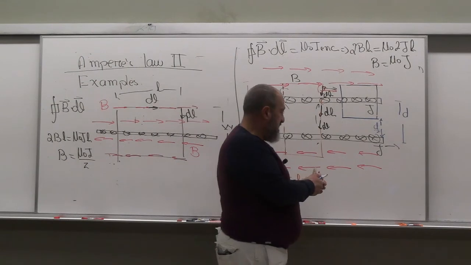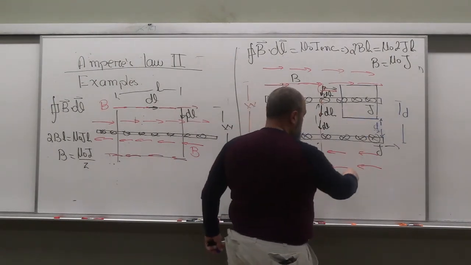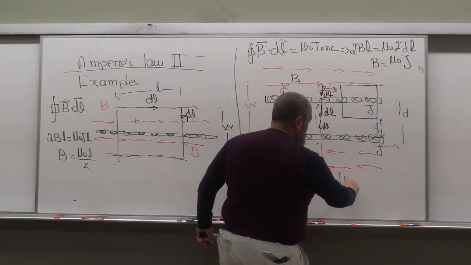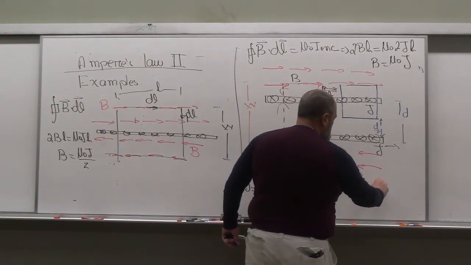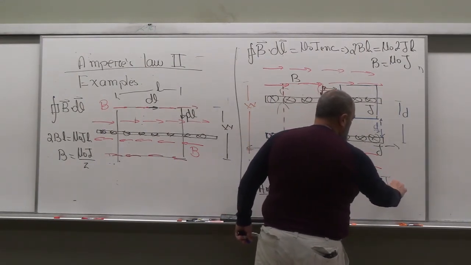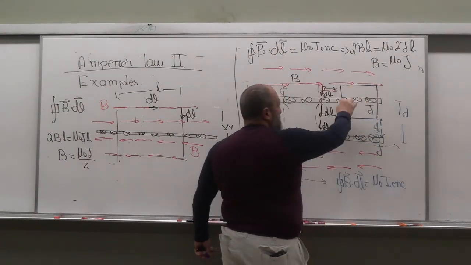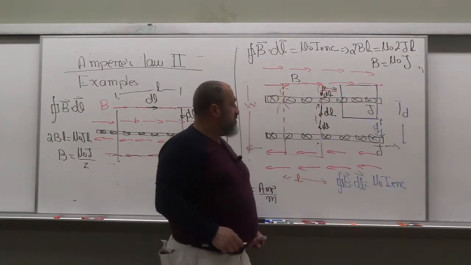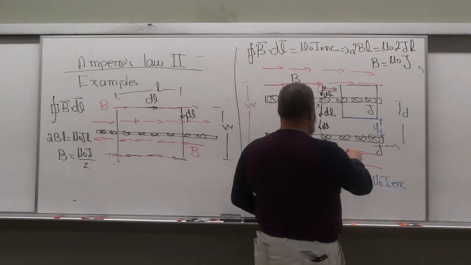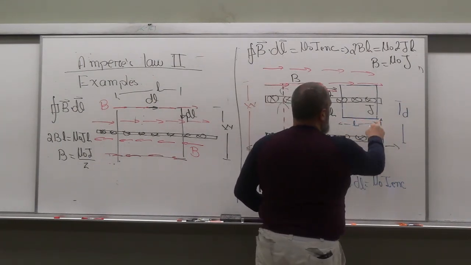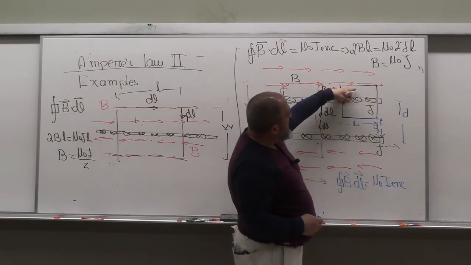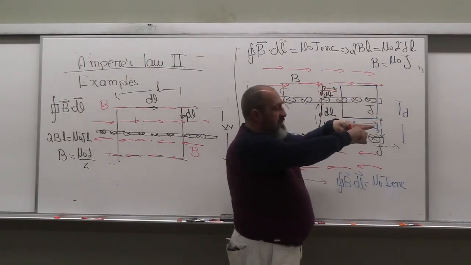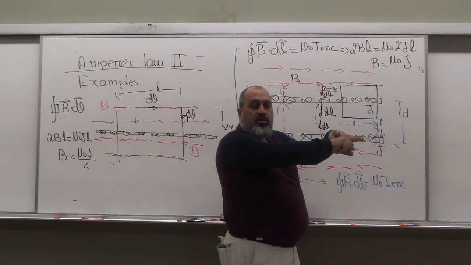So how does that work? Well, we say now that the integral of B dot dl over my loop, this blue loop, is equal to mu naught I enclosed in the loop. Okay, my loop is here now. We're playing games with loops, right? So if the loop length is again L, then I have B dl, B this way, dl this way, B dl cos 0.